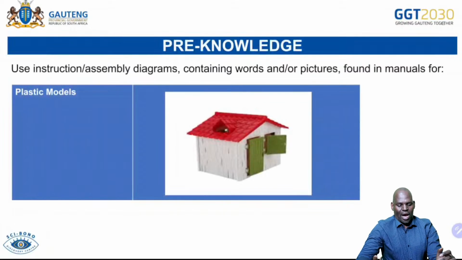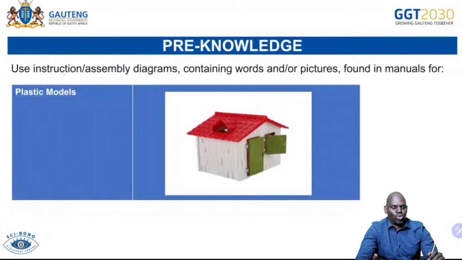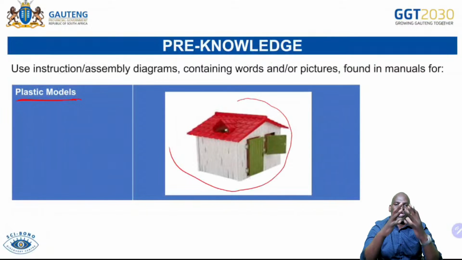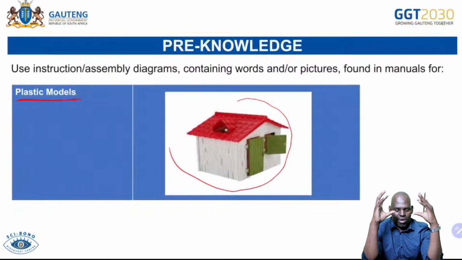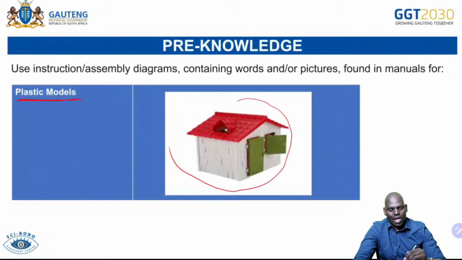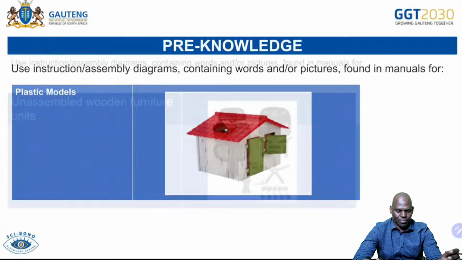Another pre-knowledge is you must be able to use instructions or assembly diagrams containing words or pictures found in manuals to assemble plastic models. In this case, you can see there is a model of a house. It came with different pieces, but eventually it was assembled to show the model of a house. The manual will come with instructions clearly indicating what must be done first, and so on.